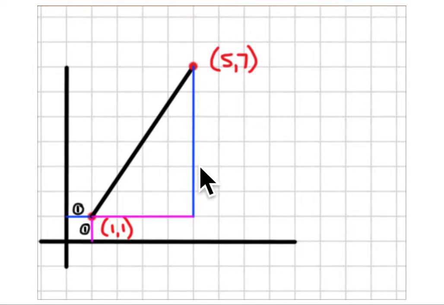This length is going to be 6. You have to take away that 1 unit right there. So 7 minus 1 is 6, and you can check it: 1, 2, 3, 4, 5, 6. And 5 minus 1, again, you take away that 1 unit to figure out this length. So 5 minus 1 gives you a length of 4 units: 1, 2, 3, 4.